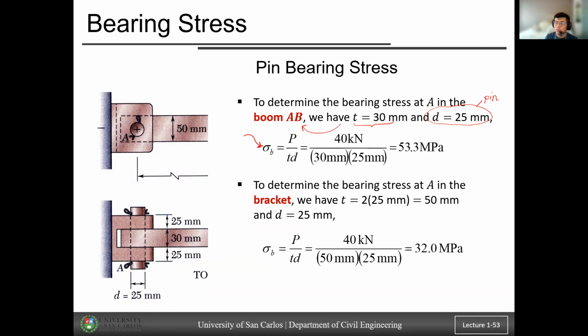You could also use sigma sub S, or tau, usually tau is the shear stress. So again, from the previous problem, we know that this one is 40 kilonewtons.